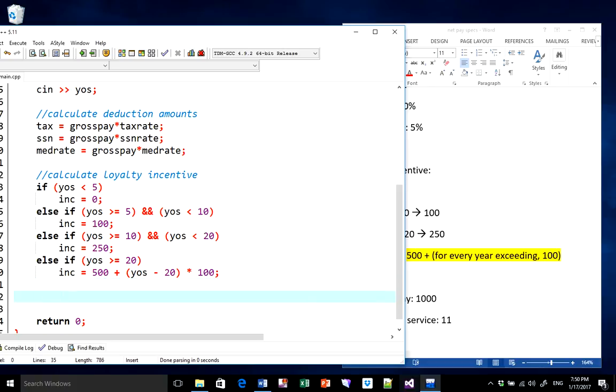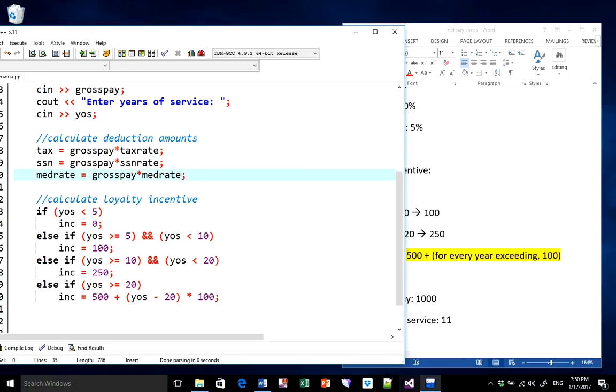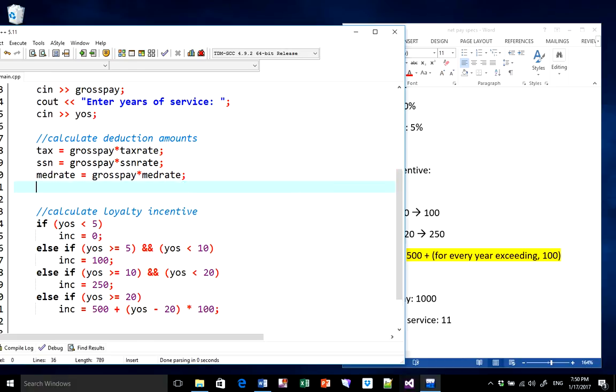Deductions or not? The equation. We can put the deductions total here. So let's just call this one deductions, right? And I know it's not defined. Deductions equals what? Tax plus, right?